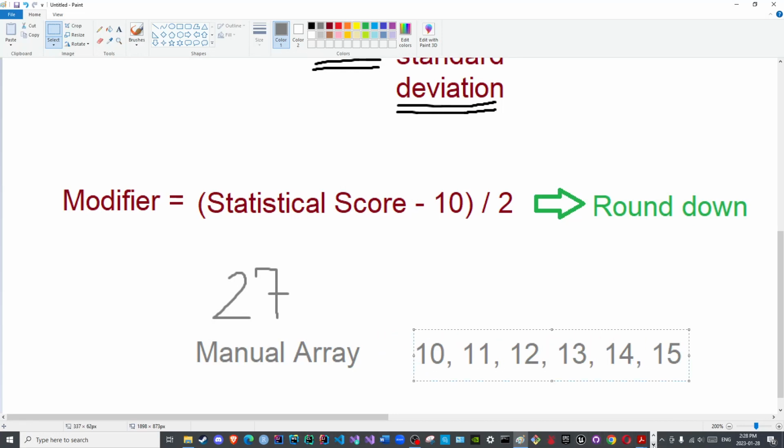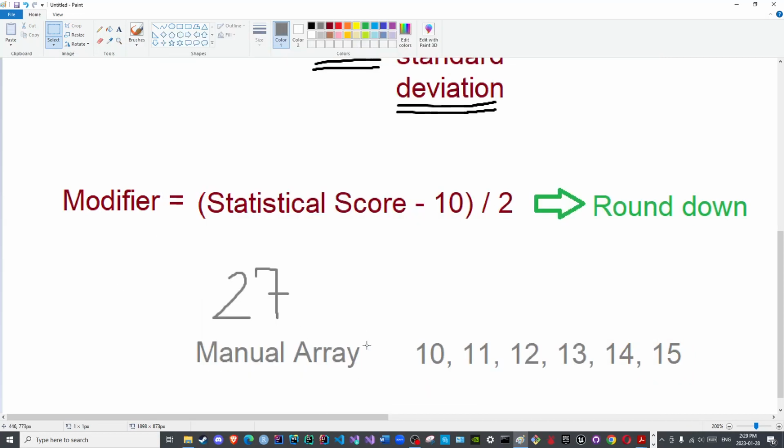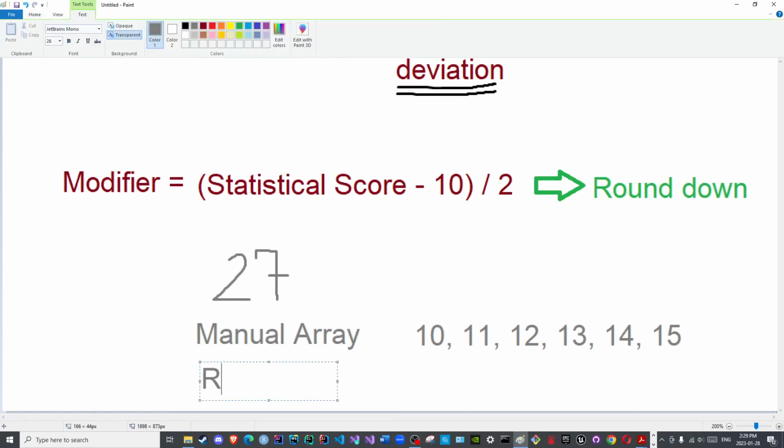The reason I honestly do not care about these systems is because for when I host campaigns, for example, I have my own approach for statistical scores. So I honestly do not care about these two systems. The third system, which is what people use, is known as the rolling system.